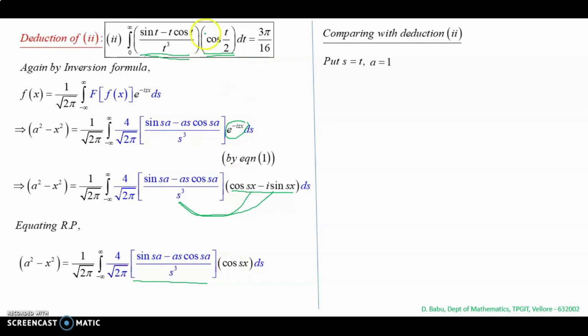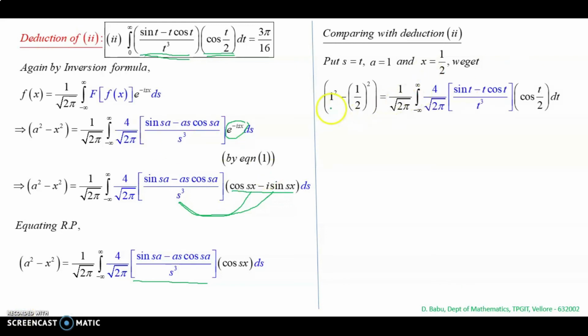Here, when s equals t, this is cos tx, and here it is cos t by 2. Therefore, we have to substitute x equal to 1 by 2. We get 1 square minus 1 by 2 whole square equals 1 by square root of 2 pi, integral from minus infinity to plus infinity of 4 divided by square root of 2 pi, (sin t minus t cos t) divided by t cube, cos t by 2, dt.